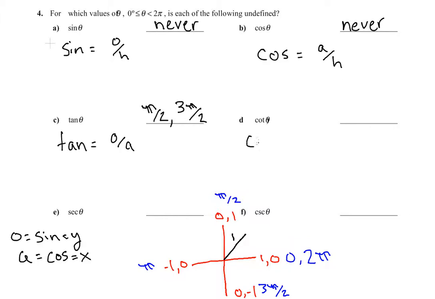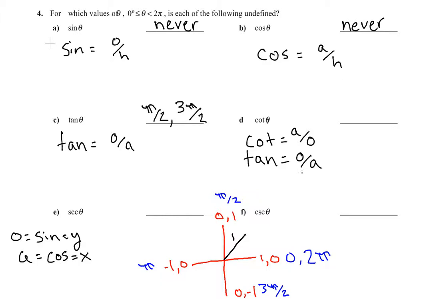Actually before I get into cotangent, let's just reiterate on tan. We know that tan is opposite over adjacent, and cotangent is the opposite, so adjacent over opposite.